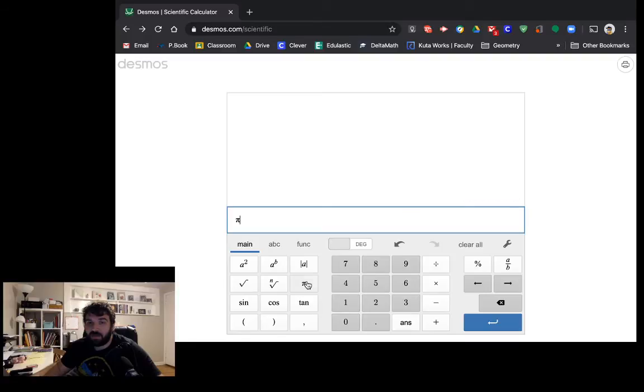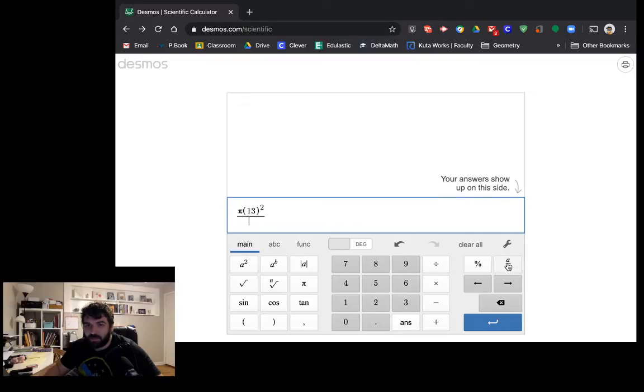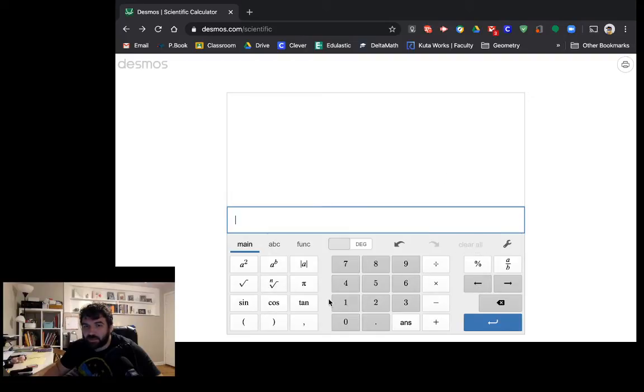where I've got pi here. We'll put the parenthesis for the radius, which is 13, square that, over here to the ABC button, not the ABC button. Actually, I messed that up. We'll clear all here, so make sure we do this correctly. Pi, parenthesis, 13, close it, square it. Hit that multiplication symbol because you do want to multiply here, and we're going to take that fraction. 120 degrees was our arc measure.